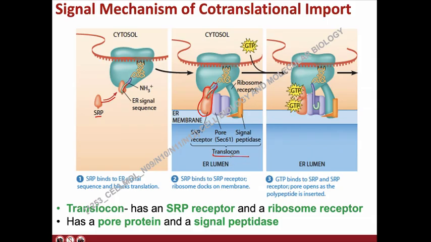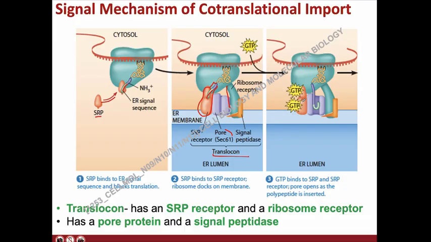So this translocon is now composed of your ribosome receptor, which holds the ribosome in place. You will see here, it also has the pore protein that forms a channel, the opening through which the growing polypeptide can enter the lumen.